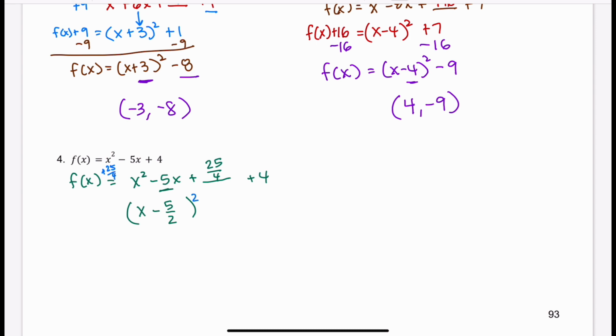And so I have (x - 5/2) squared, and then I have my plus 4, and that all equals f of x plus 25 over 4. So I get f of x all alone by subtracting 25 over 4.